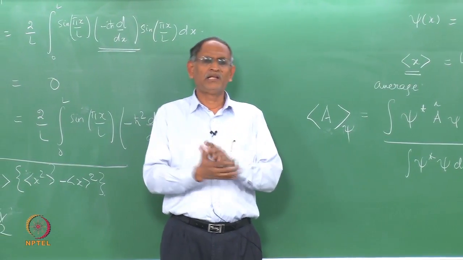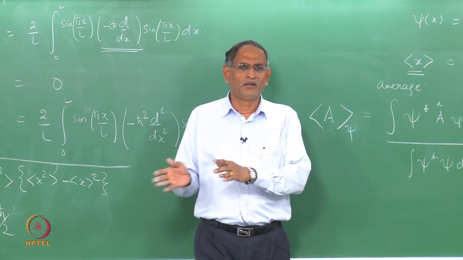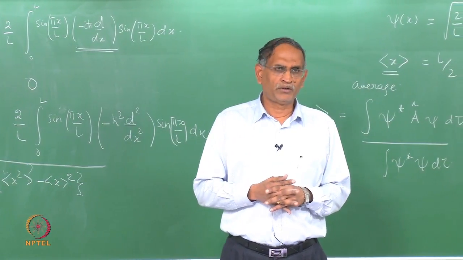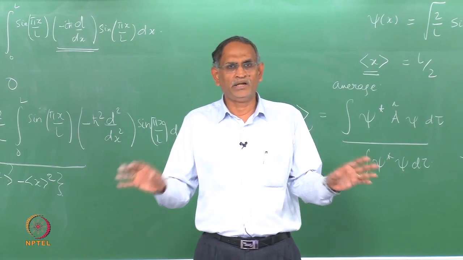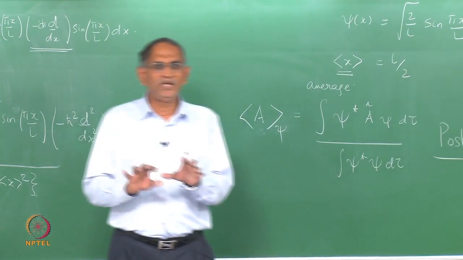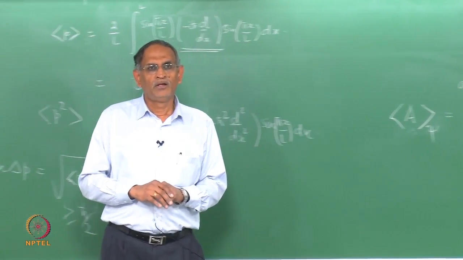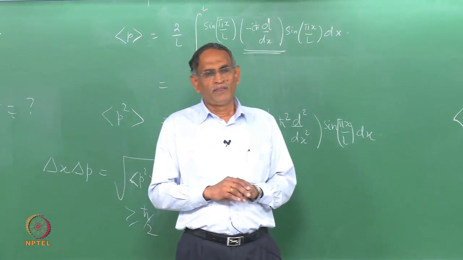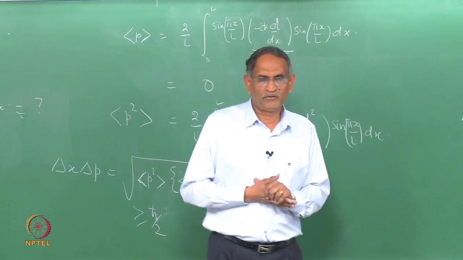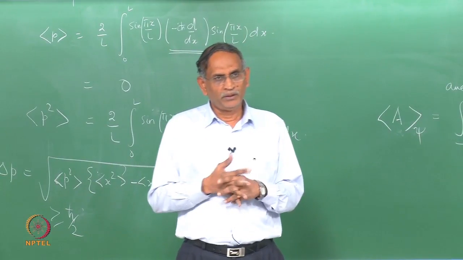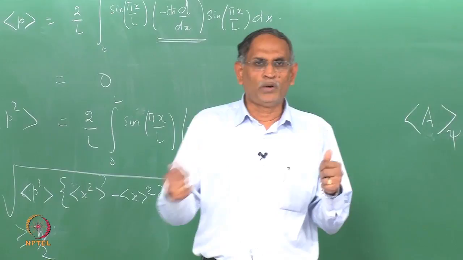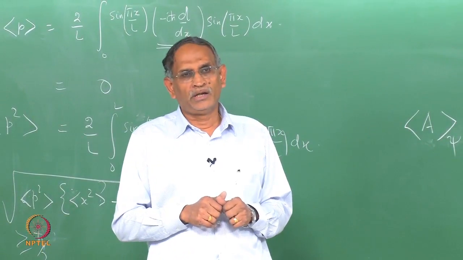Now, exactly the same statement can be extended to a particle in a two dimensional box, except that now you have x and y as two independent coordinates, px and py as two independent coordinates. Therefore, you have a corresponding uncertainty relation in two dimensions, with one exception, namely x and y are independent coordinates.